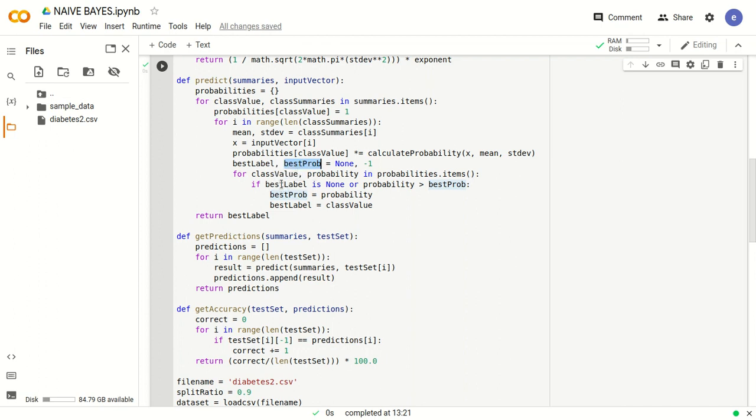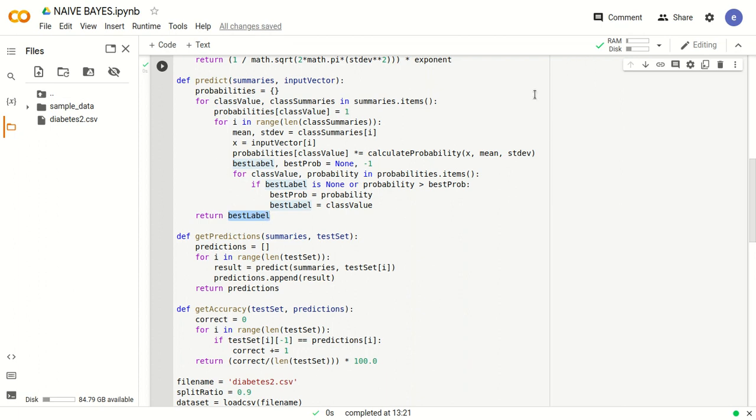In the first iteration, best label is None and best probability is -1, so this condition will be satisfied, as will the second part of the OR statement. Best probability will be assigned the probability value and best label will be assigned the class label. You must remember, class value will have the value either 0 or 1. So we have in a way understood this function, and ultimately it will return the best label. Best label means, for a given instance, that is for a given row in the data set, what is the label.